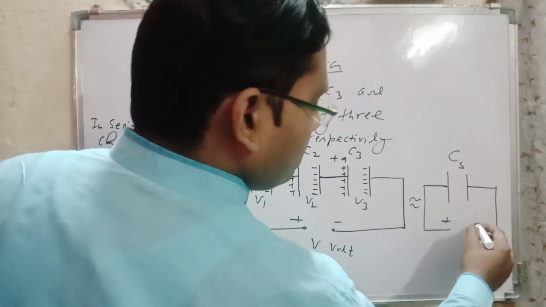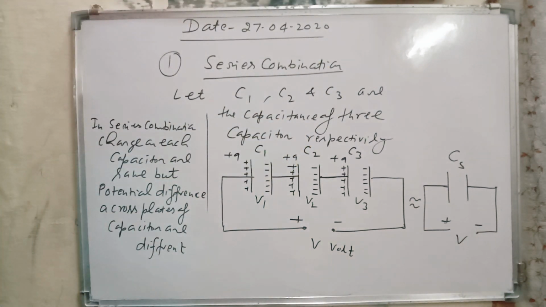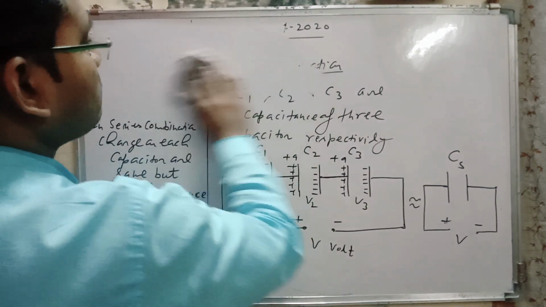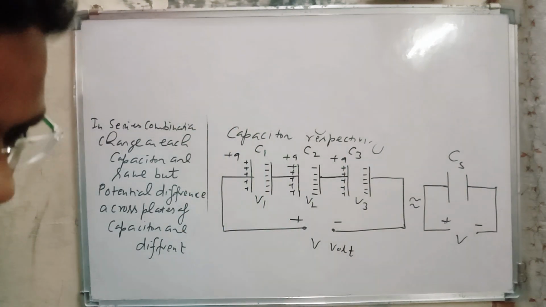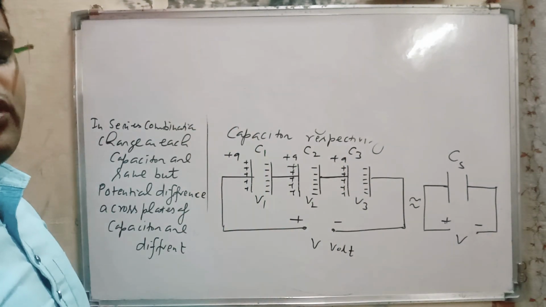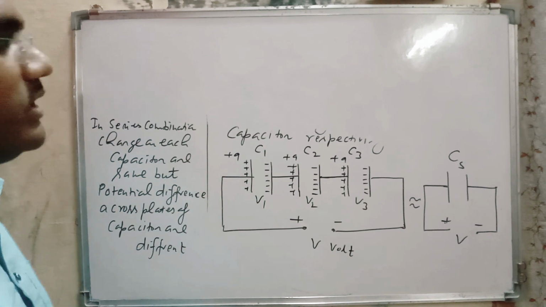This one is plus, this one is minus. This has V volt. Series combination of capacitors is based on the law of conservation of energy.